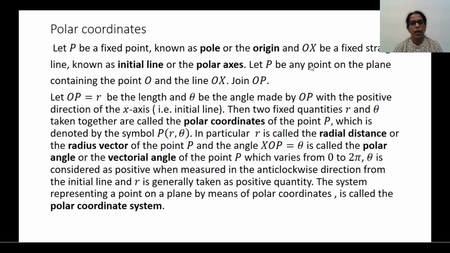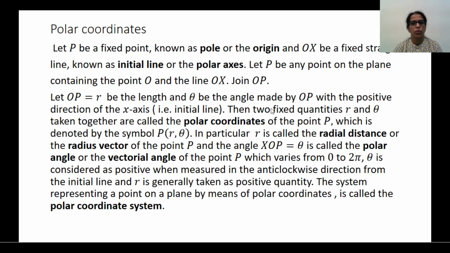Let P be any point on the plane containing the point O and the line OX, that is, join OP. Let OP equal to r be the length and theta be the angle made by OP with the positive direction of the x-axis, that is the initial line.